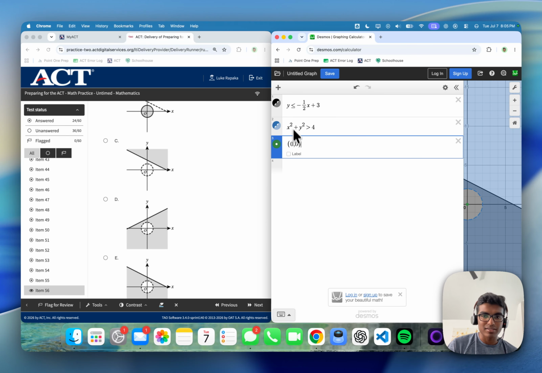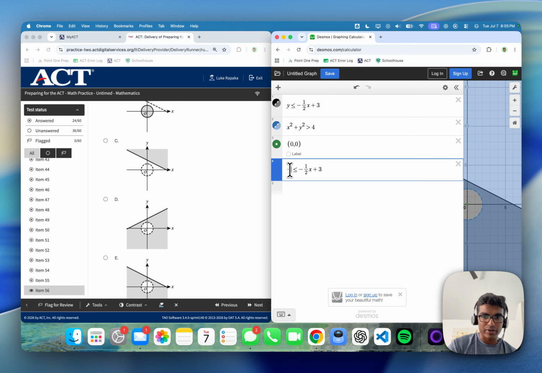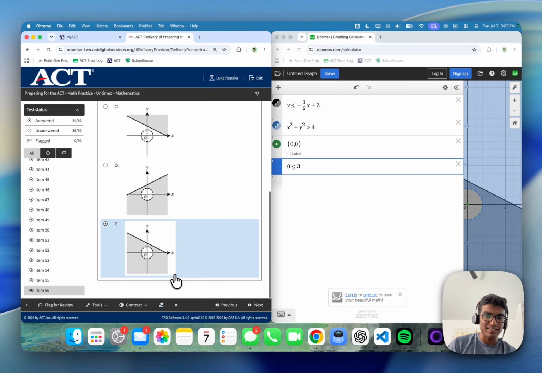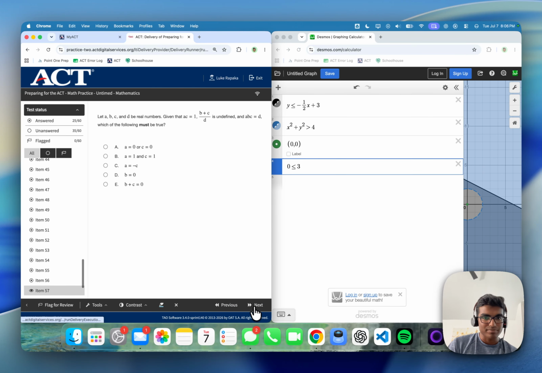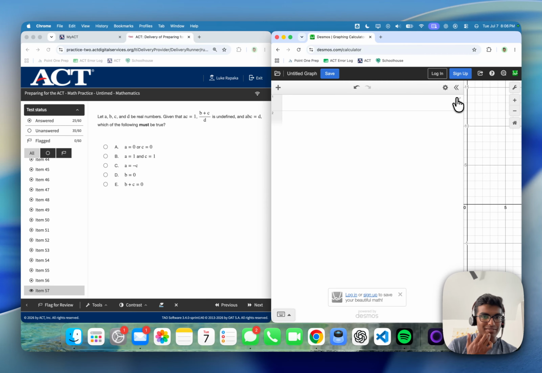So if I sub 0, 0 into this first one, y is 0, x is 0, and that just multiplies out to be 0. So this condition is true. That means that works, and then E is correct. Okay. All right. 57.